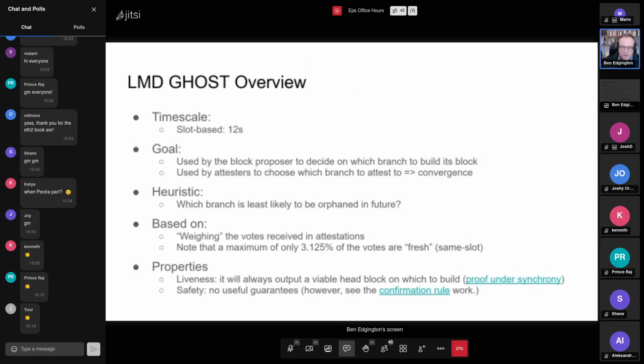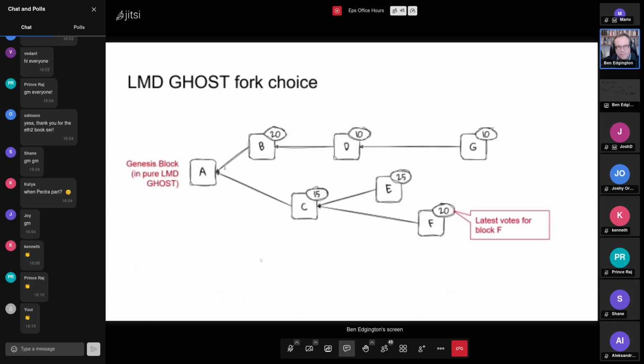So within a couple of slots, under these assumptions, there is a block that won't be reorged out. That becomes some sort of safety guarantee, but we're not currently using that. That's for implementing in future. There's a link there if you want to find out more about that. But assume for the purpose of this presentation that there are no safety guarantees in LMD Ghost.